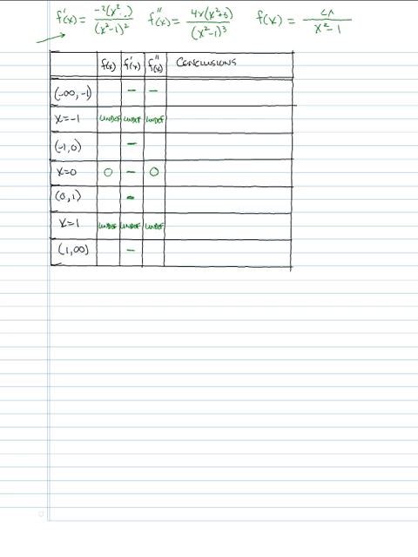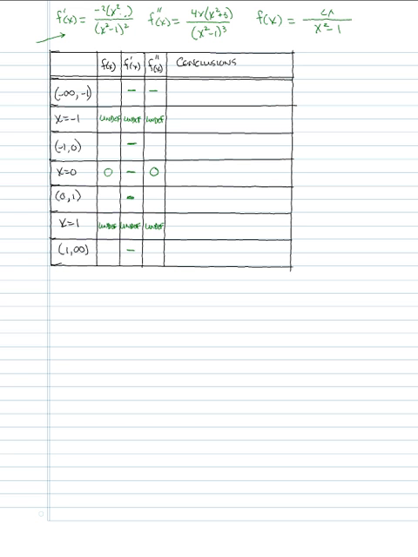Then I tested in the interval from -1 to 0, which is a little more complicated because I've got to pick a value like -1/2. If I do, I'll find that I have a negative in the numerator, and in the denominator, I'll have a positive, I believe. Let's see, no, I'll have a negative.